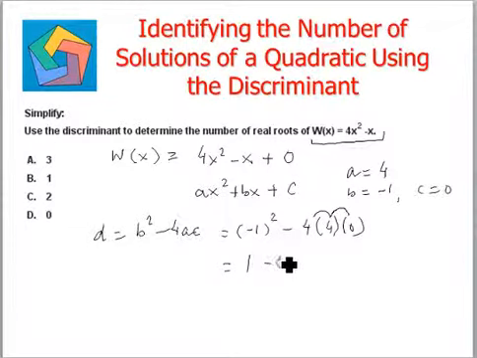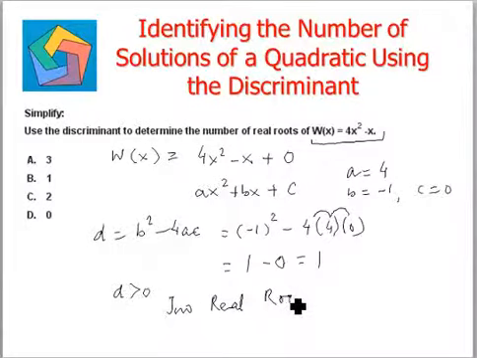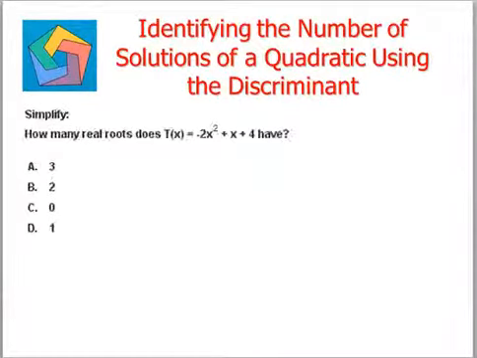So we have 1 minus 0 equals 1. So our discriminant D is greater than 0. That means it will have two real roots. Therefore the equation has two real roots, which is given by option C. Moving on to the next question.